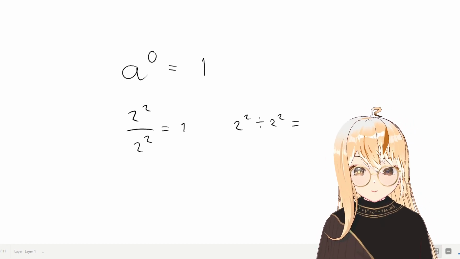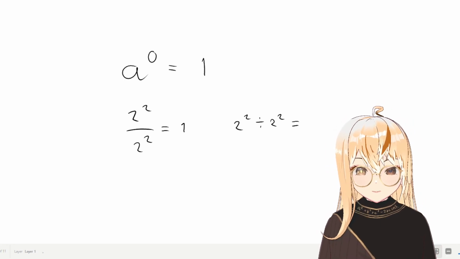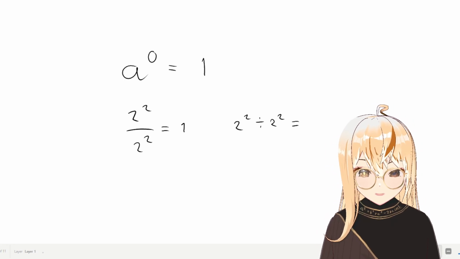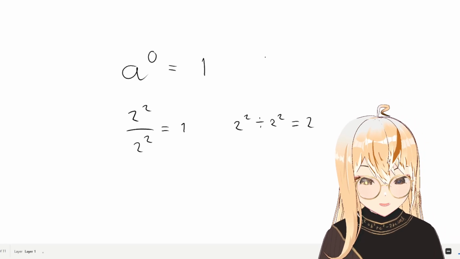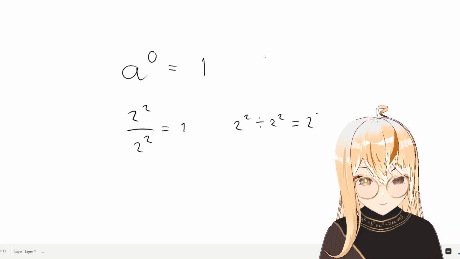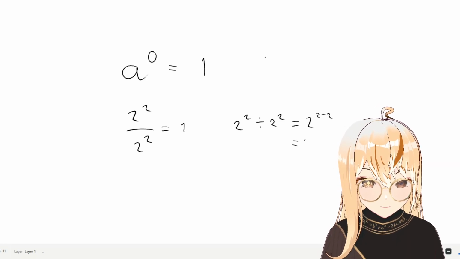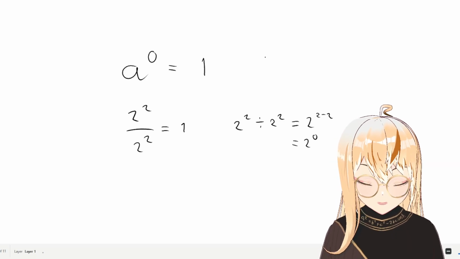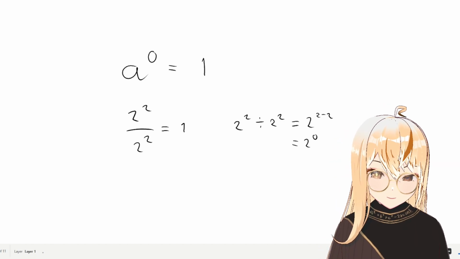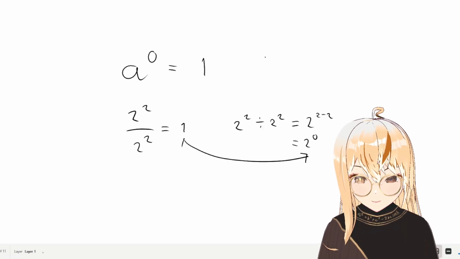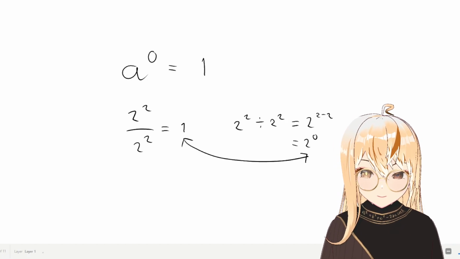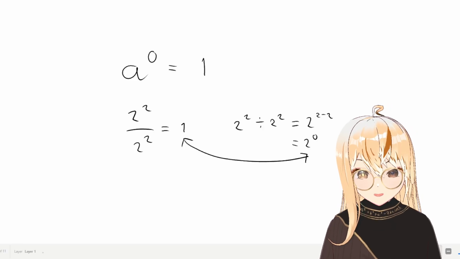And we know from our previous law that when we divide two terms with the same base, we can just subtract the powers. And, well, that would be 2 to the 2 minus 2. And, well, that's just 2 to the 0. But we just said that 2 to the 2 divided by 2 to the 2 is equal to 1. So therefore they must be the same thing in order to make the laws consistent with each other.